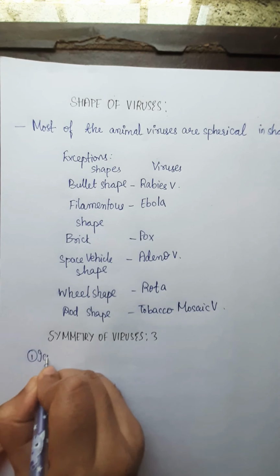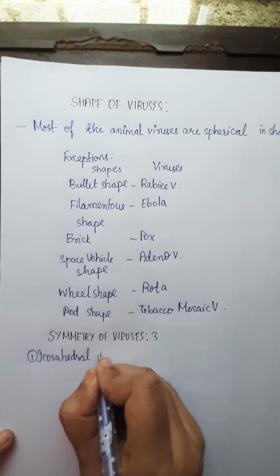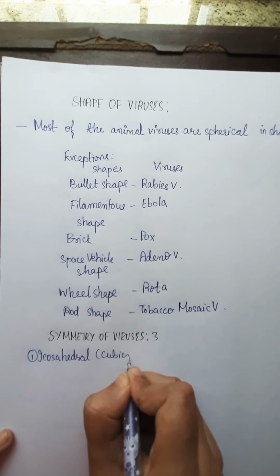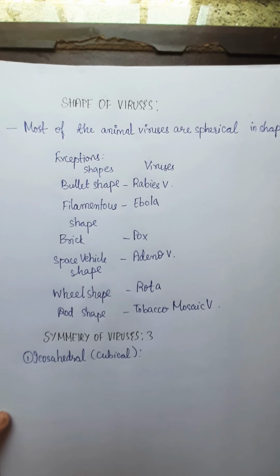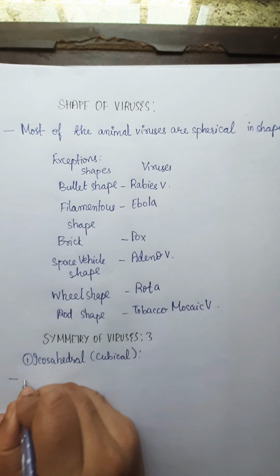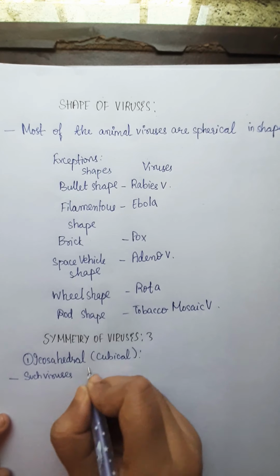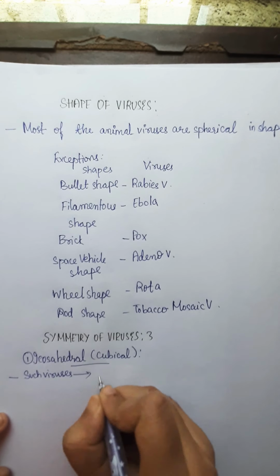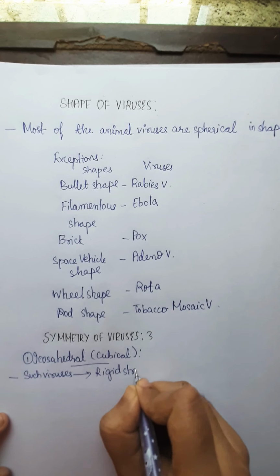Icosahedral symmetry or cubical symmetry. The viruses which have the icosahedral symmetry have a rigid structure.